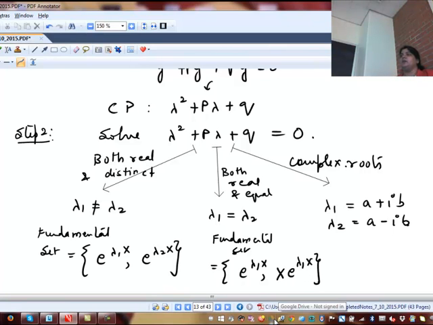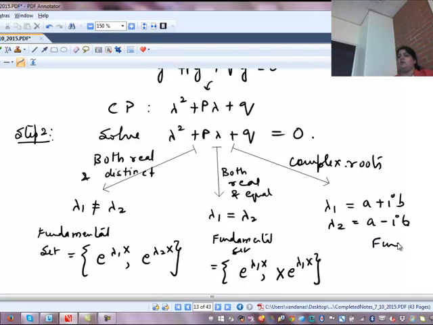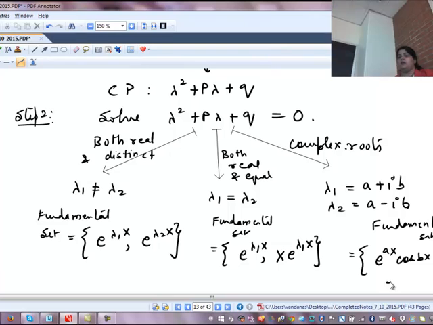You multiply by x, and I will address why multiplying by x, but right now I am just writing down the fundamental set. And fundamental set, when you have a complex root, e to the power ax cosine bx, e to the power ax sine bx.